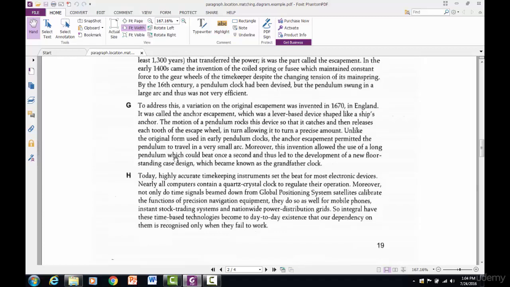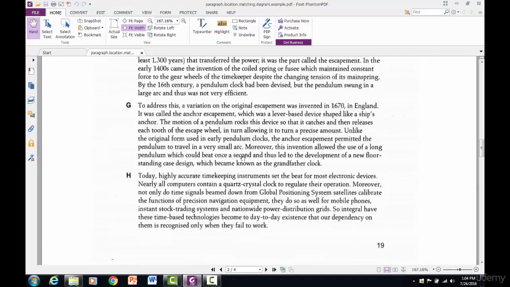Oh, here we go, right here. It's in the last sentence. Which could beat. Moreover, this invention allowed for the use of a long pendulum, which could beat once a second. Once a is a synonym for each.